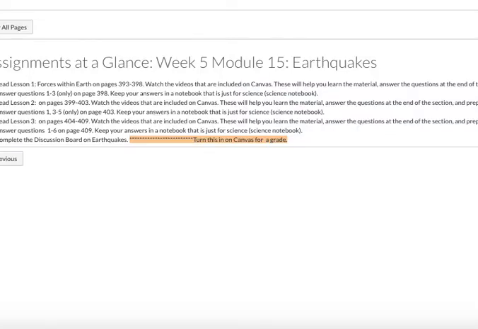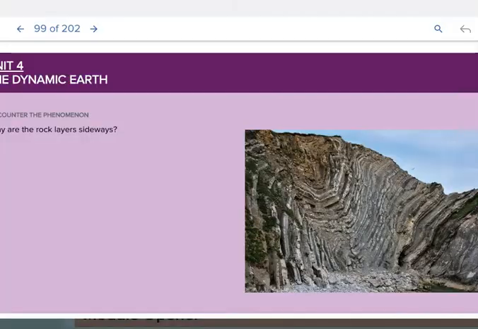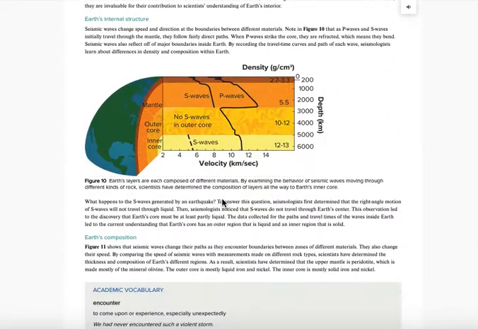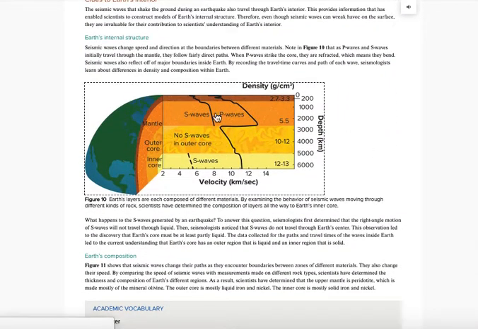Okay. So the important piece about that, and I want to mention, moving forward onto this chart, is that knowing how the different waves travel through different substrates helps us to know what the interior of the Earth is made of.